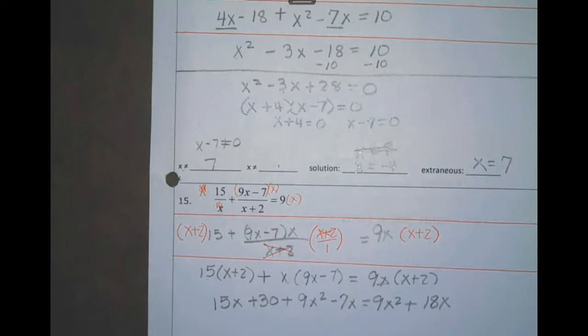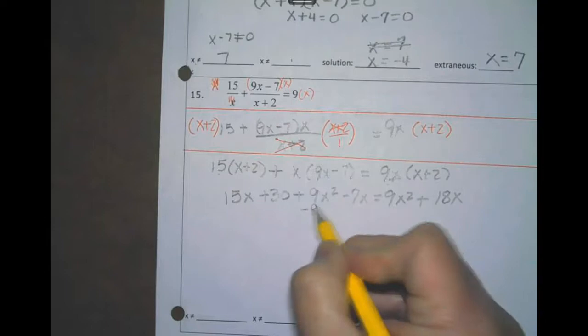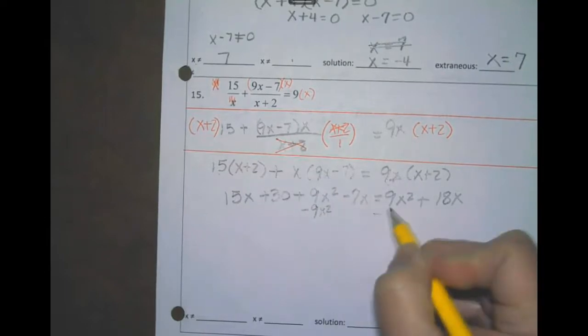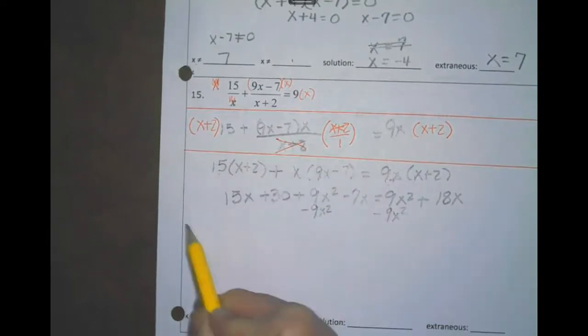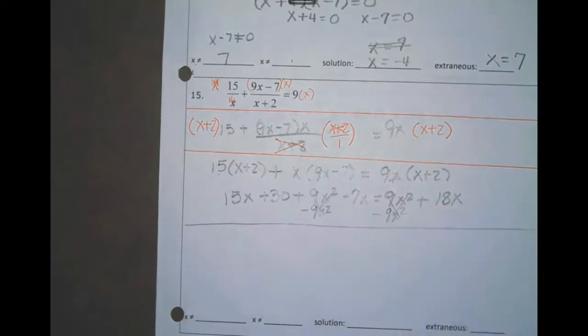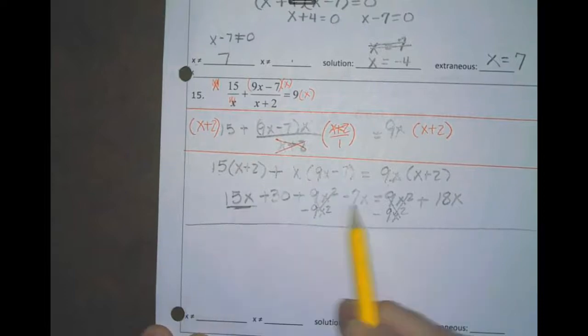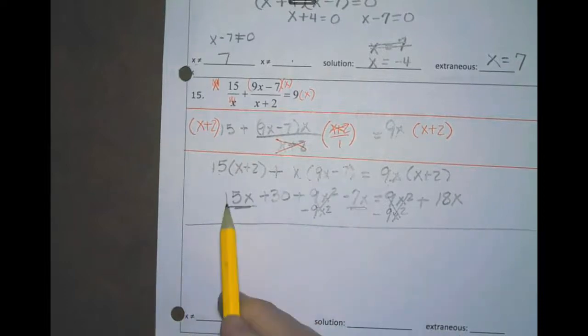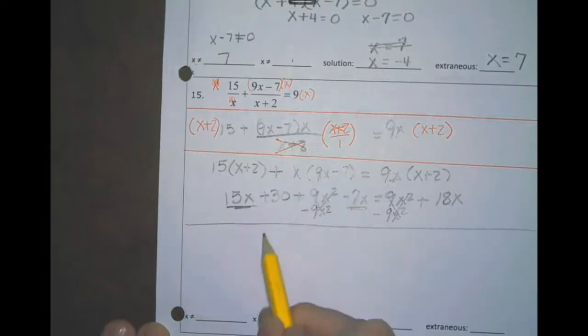So I need to combine like terms. I see a 9x squared on both sides. So when I combine those, the x squareds cancel out. And so then these are like terms. So when I combine those, they're on the same side of the equal sign.